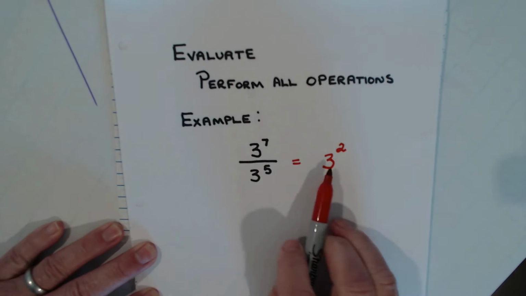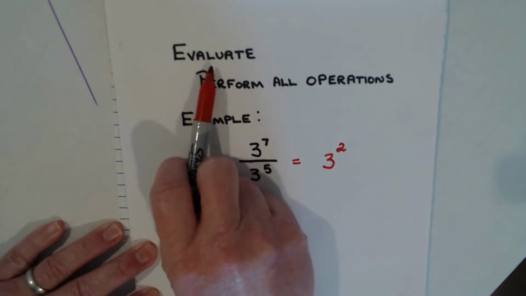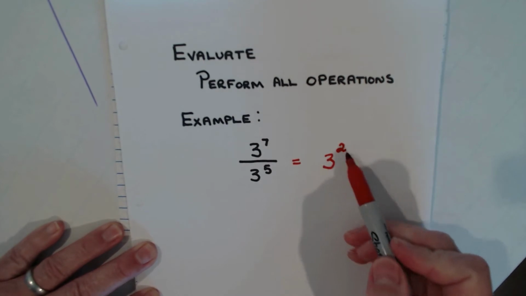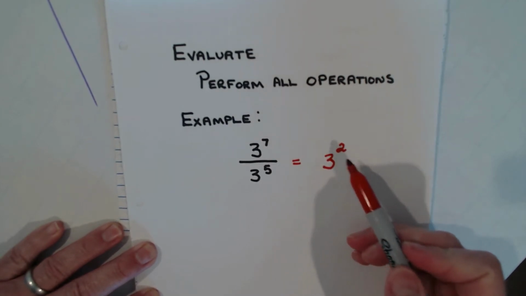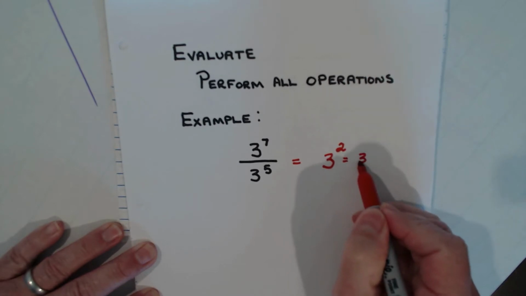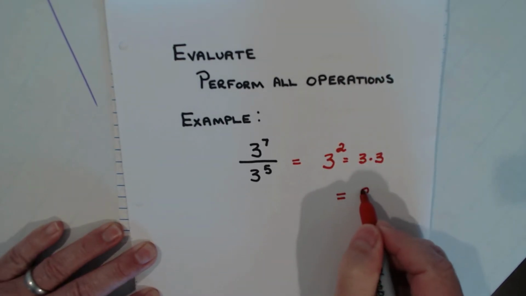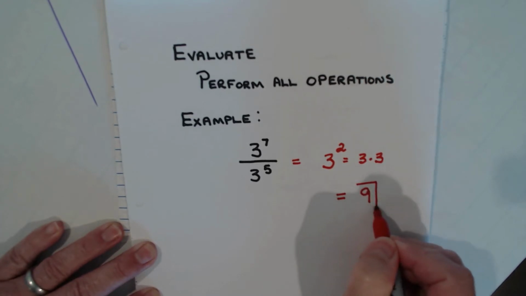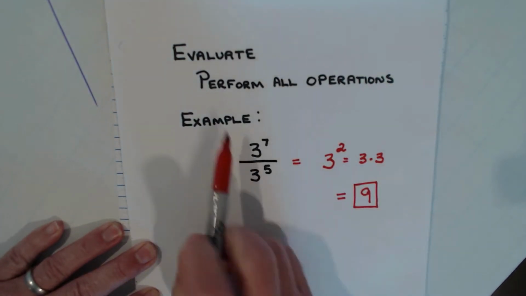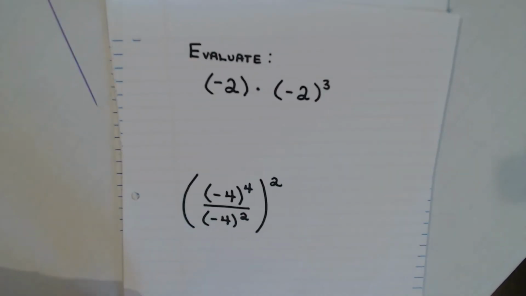And instead of leaving it like this, like you did on the other problems, when it says evaluate, they actually want you to take 3 to the second power and figure out what that is. 3 to the second power is 3 times 3, and 3 times 3 is 9. So you're only going to get one number when they ask you to evaluate these. So let's look at another example.